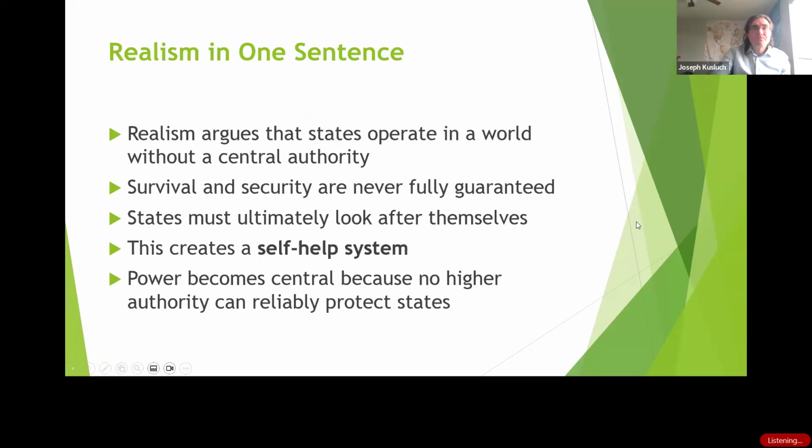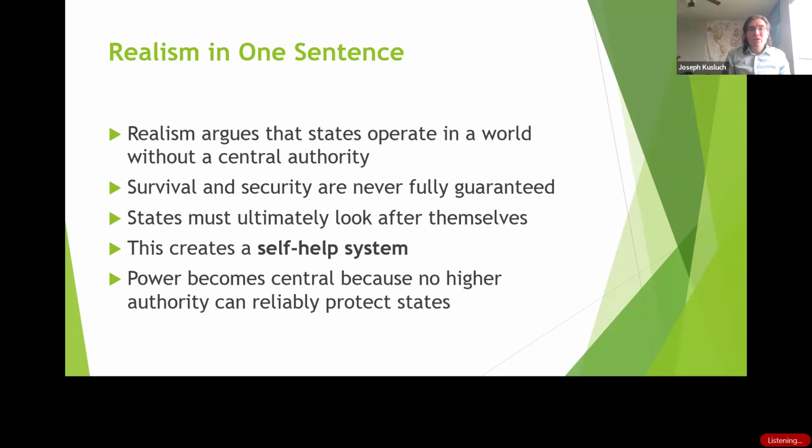So next slide. At its simplest, realism is a theory of international relations that argues that states operate in a world without a central authority, where survival and security are never guaranteed.